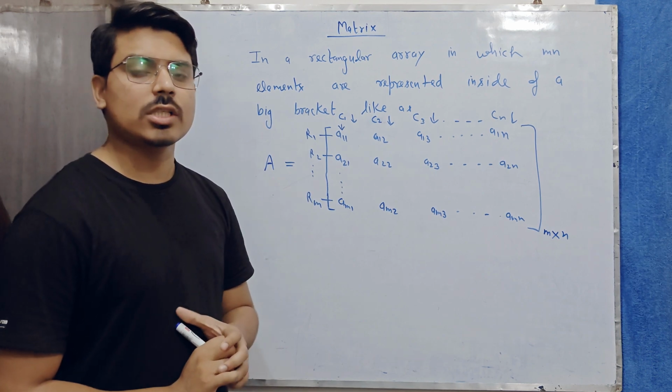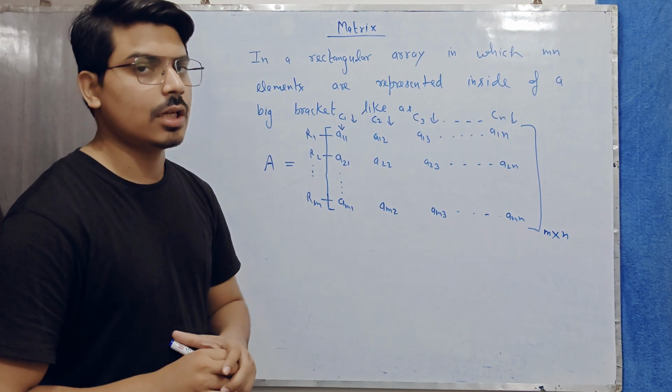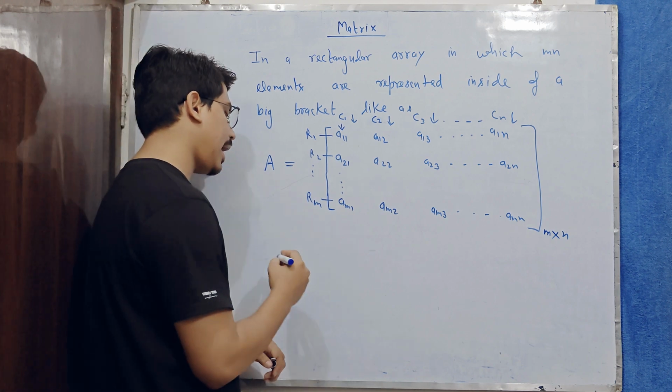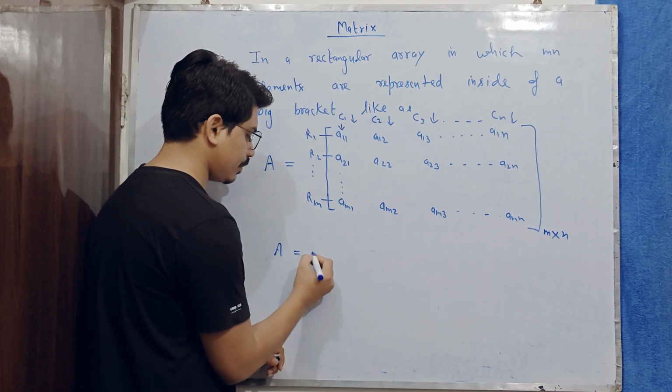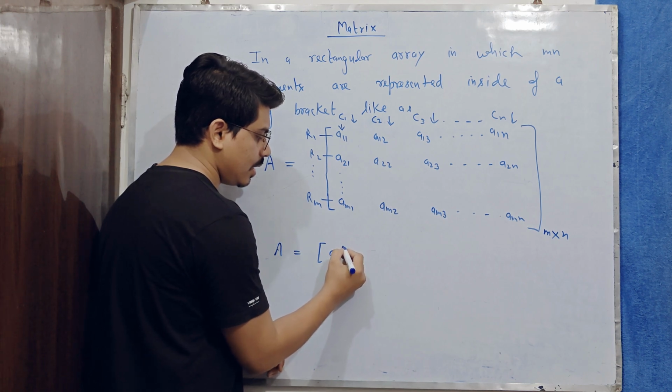Now I write a shorthand method to represent a matrix, that is Aij.